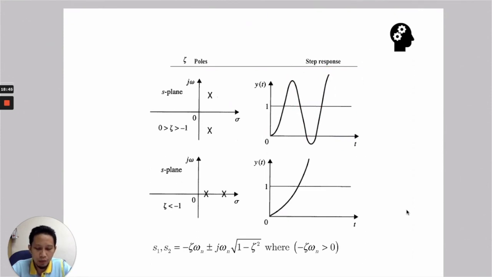We also have another example here. We have the poles located on the real axis, and what we have is a response that is exponentially increasing over time. So this is also a response that we don't want.